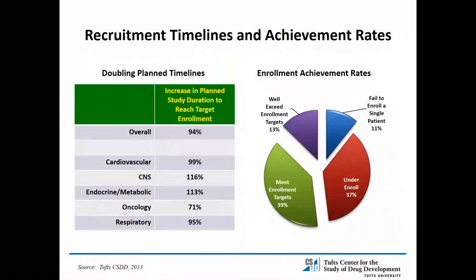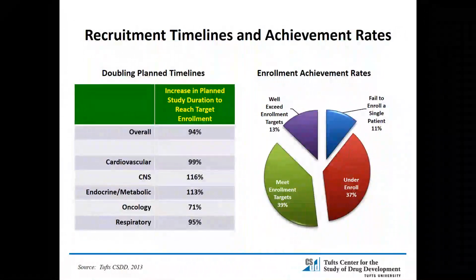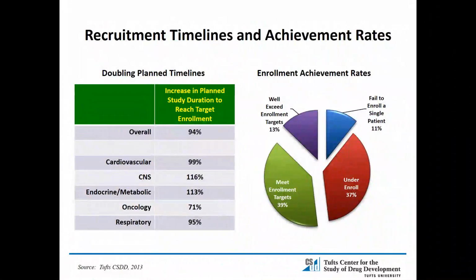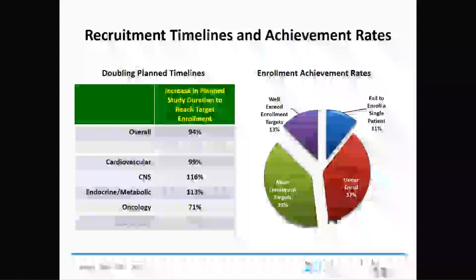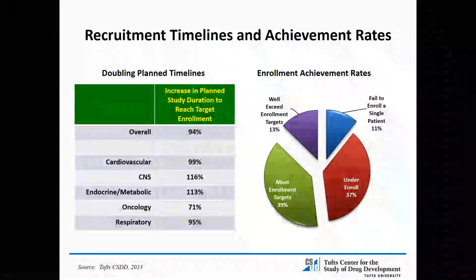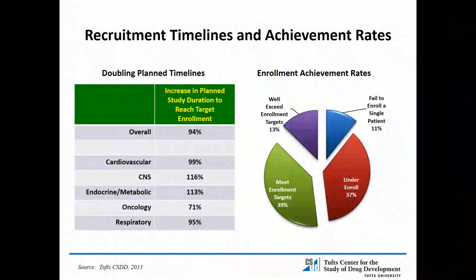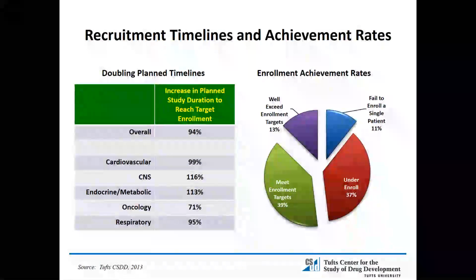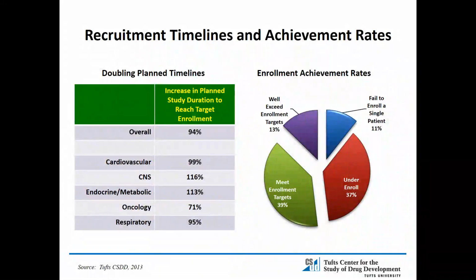And we see across every therapeutic area, the typical planned duration has to be doubled in order to actually recruit the requisite number of volunteers. So our actual timelines are nearly double the planned timeline. Some of that may be a function of setting ever more aggressive timelines, and it also reflects the competitive intensity that many investigative sites face as they search for patients for many of their studies.